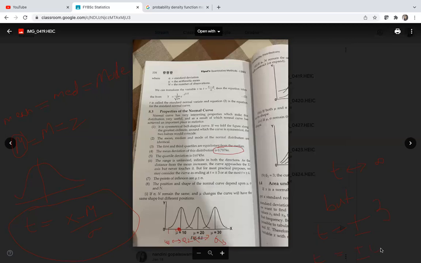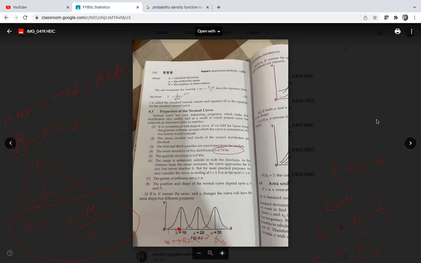Do you understand that? ये जो एरिया है ना, whether on the positive or the negative side, it is going to tend to infinity. जाता ही रहेगा. It will never touch the x-axis. But for practical purposes, we are going to consider t equal to plus or minus 3 or plus or minus 4 maximum. उससे ज्यादा नहीं. समझ में आ रहा है? Class, are you following? Any doubts? Yes, ma'am.